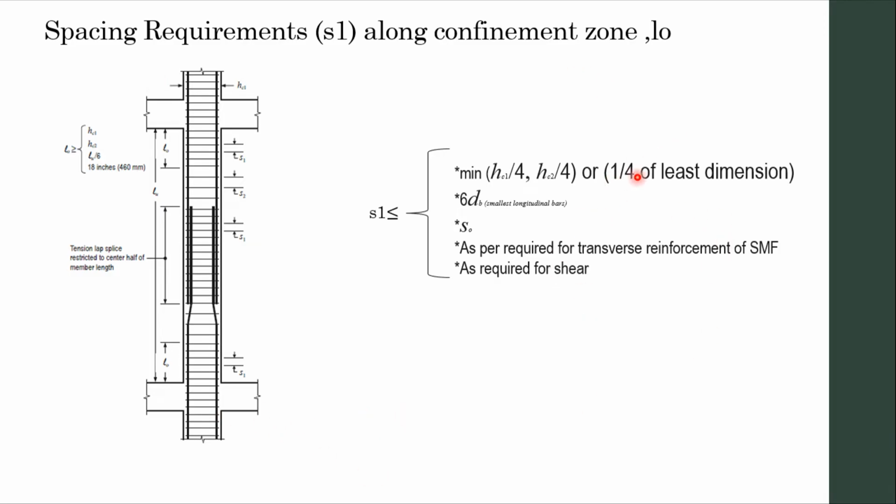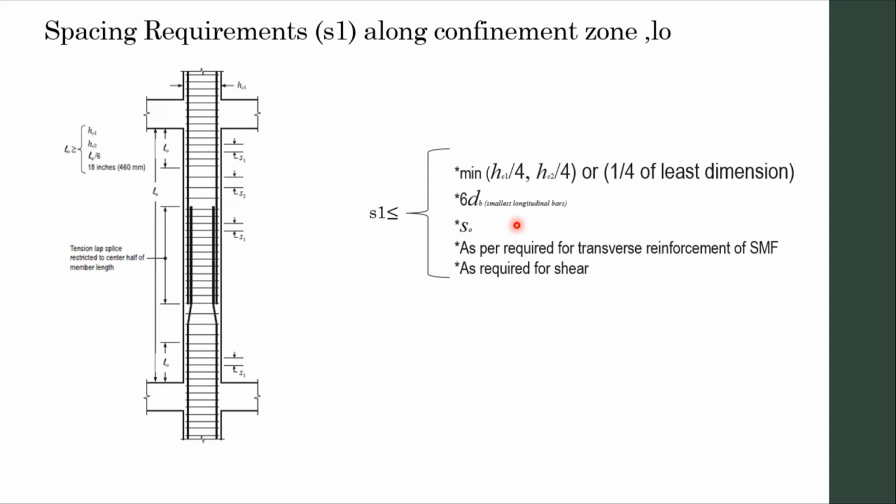Least dimension, take note. 6 dB or 6 times diameter of the smallest longitudinal bars. Pwedeng mangyari kasi na iba-iba yung longitudinal bars na ginamit, so ang kukunin mo is yung 6 times the smallest longitudinal bars.